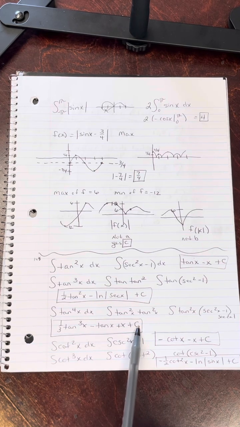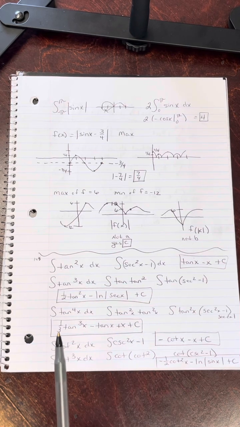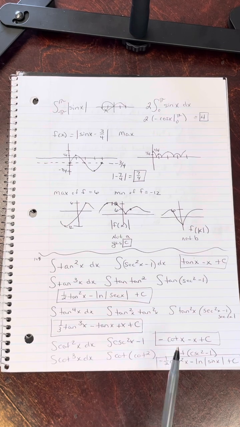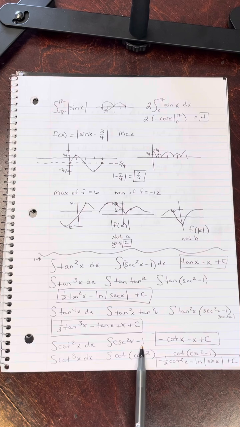Then we do the same thing with the cotangents in part B. So example 4 is find the integration of cotangent squared x dx. That is going to change to cosecant squared minus 1 as its substitution.